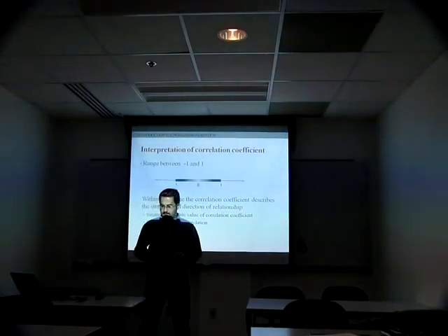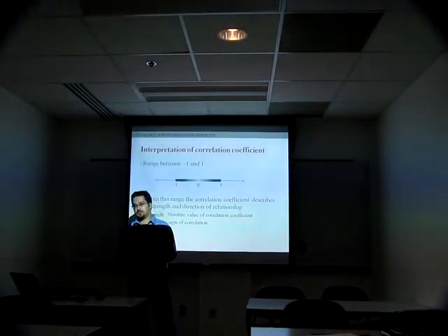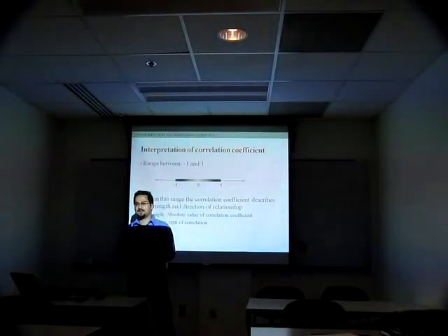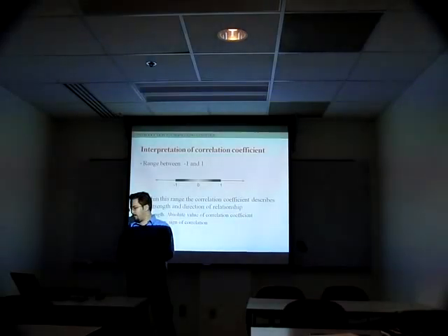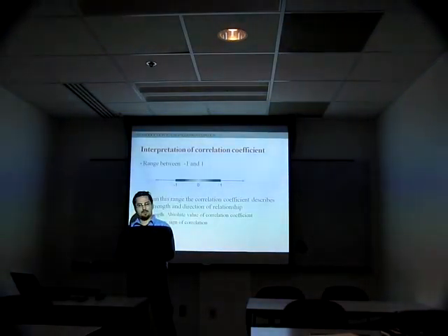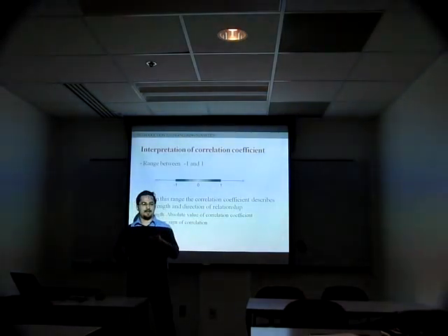So how do we interpret? Before actually showing you the formulation, I just want to show you how we interpret this correlation based on its value and its sign. This correlation coefficient ranges between -1 and 1.